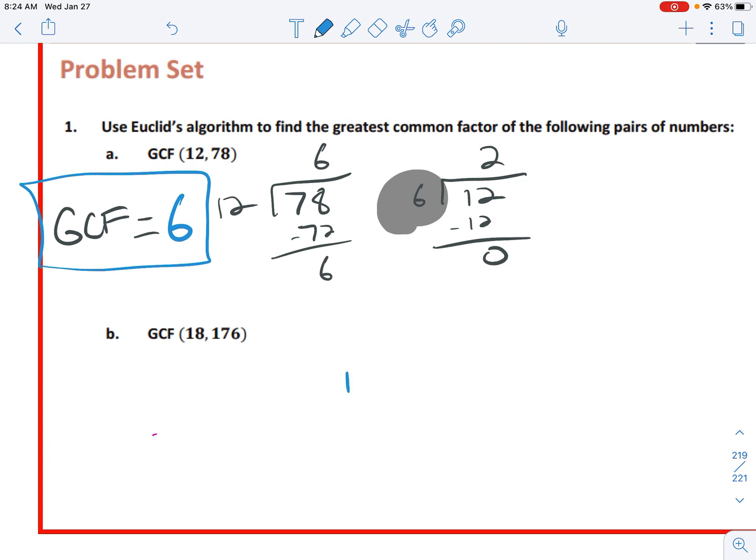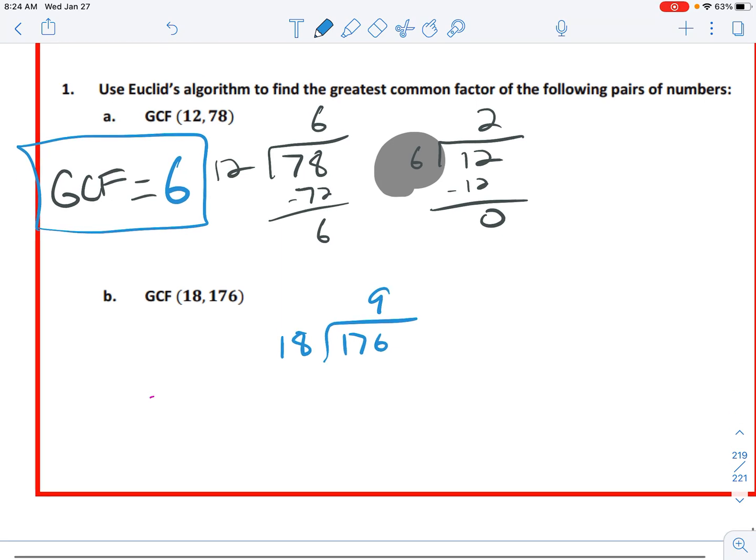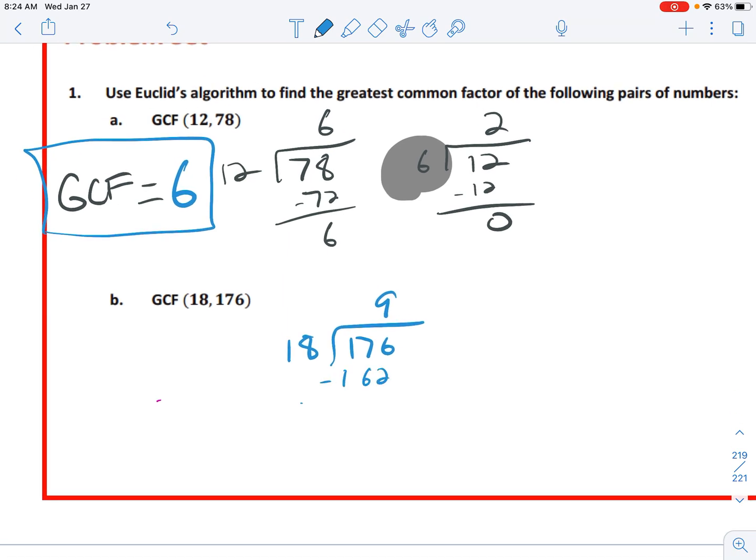Now we have 176 and 18. 18 doesn't go into 17, but it does go into 176. It is going to go into it 9 times, and that is 162. We subtract this and we get 14. Then we do 18 divided by 14. This is once. We subtract that, and this is 4.